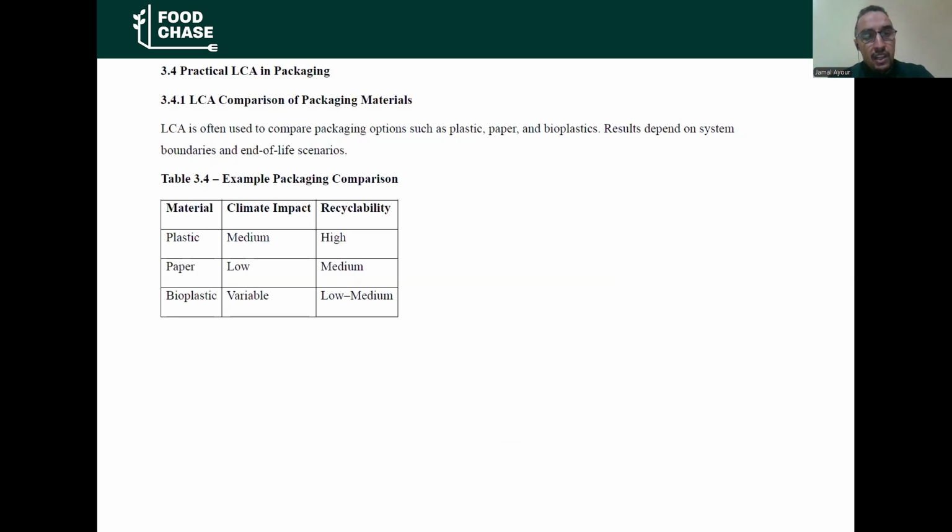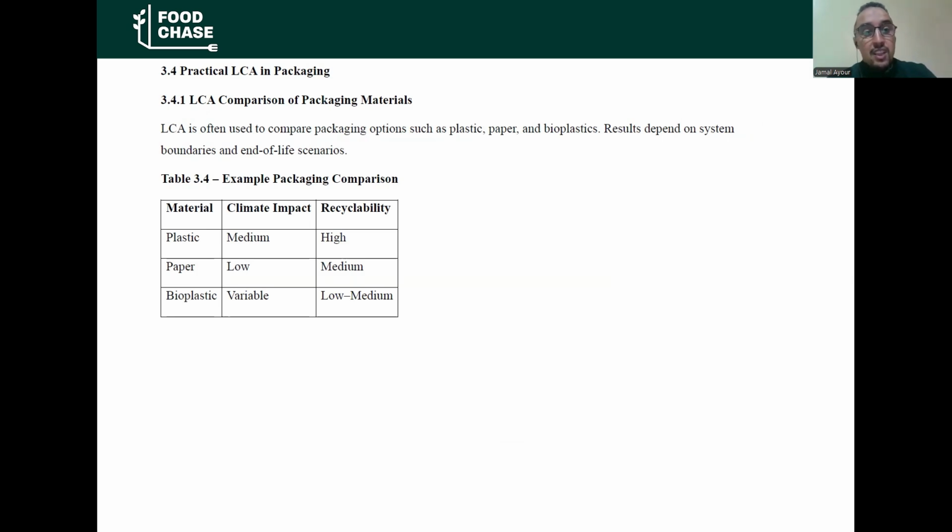About practical LCA and packaging, we begin with a comparison of packaging materials, as we talked about in the second part. The material is a very important point for this type of industry. LCA is often used to compare packaging options such as plastic, paper, or bioplastic.